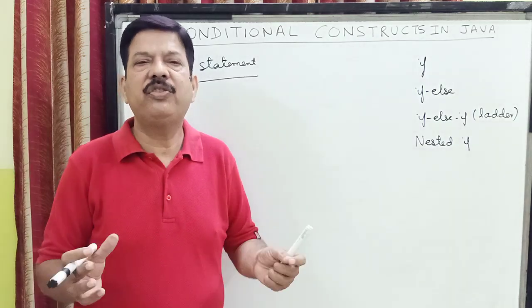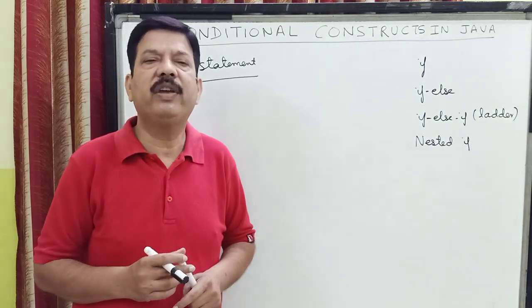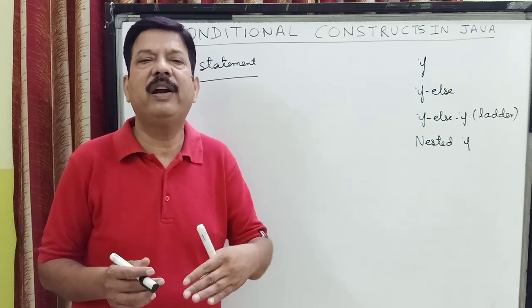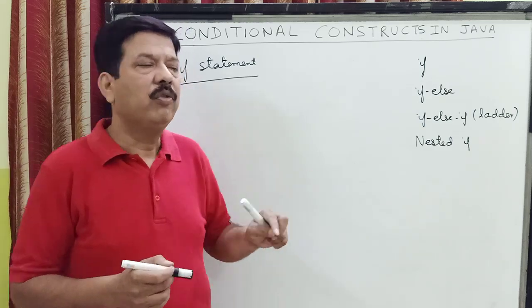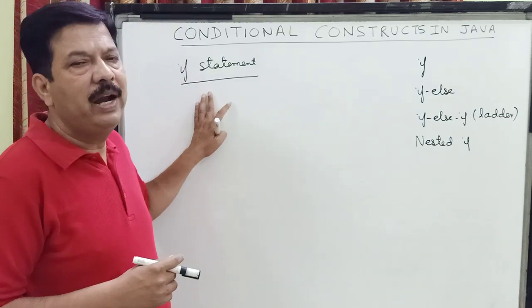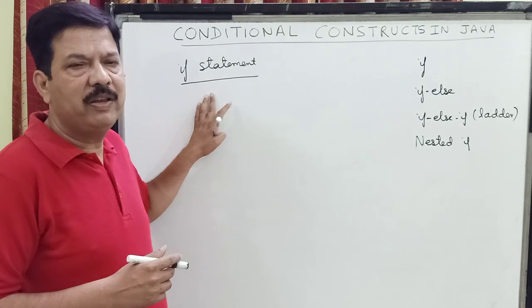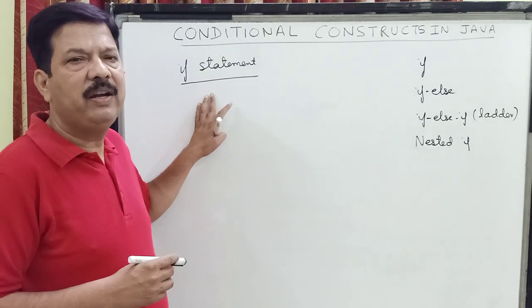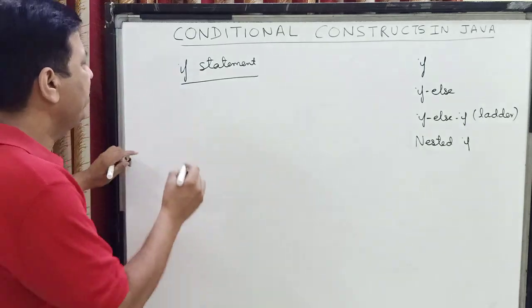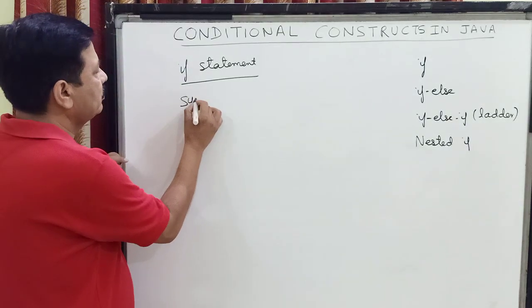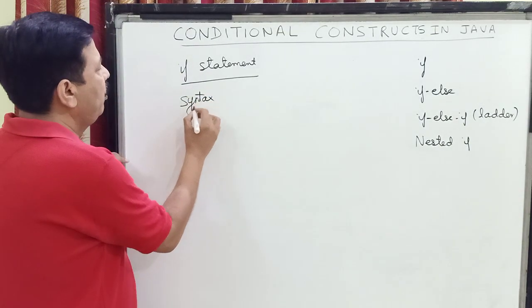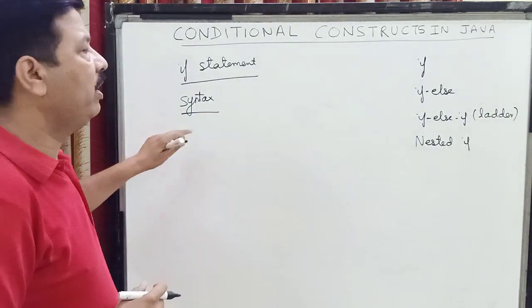So when we check the conditions, we get either true or false, whether the condition is true or false. So what I have explained here is that if is a decision making or conditional statement, and it is used to make decisions in the program. Now children, I come to its syntax. Before I move on to syntax, I must tell you what a syntax is.